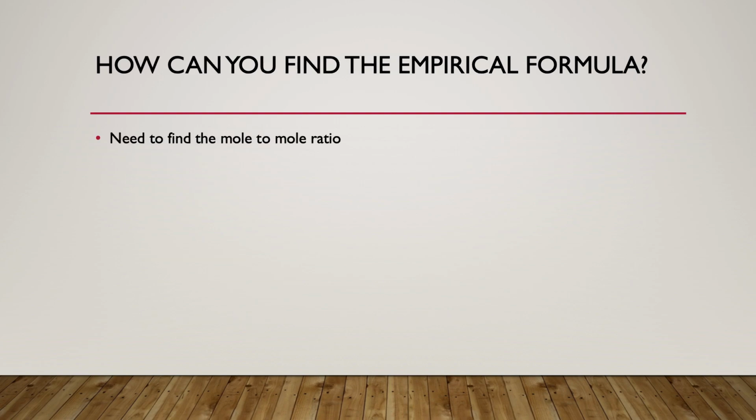Now, finding empirical formulas, on the calculational side, what we really need to know is a mole-to-mole ratio. That's the most important part. All of those empirical and molecular formulas are for the actual number of atoms, but since atoms are too large a quantity for us to really measure, we really want mole-to-mole ratios for experimental work.